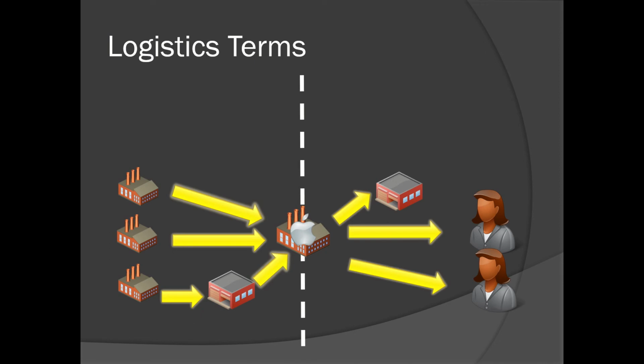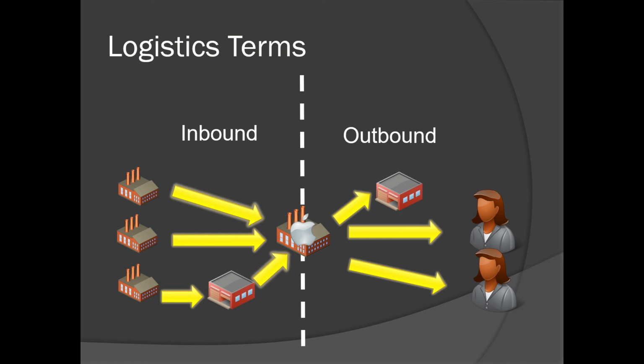So, just picking up where we left off in Monday's class, I want to spend a minute or two talking about inbound versus outbound. Everything on the left side of this dotted line is inbound freight coming into your facility. In terms of control, you can exercise considerably more control over inbound freight than you can outbound.